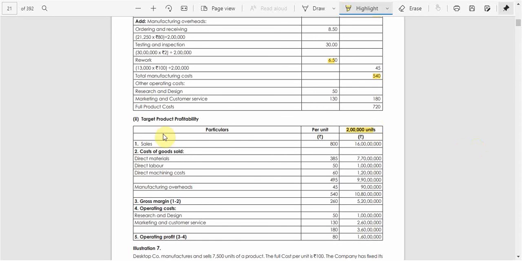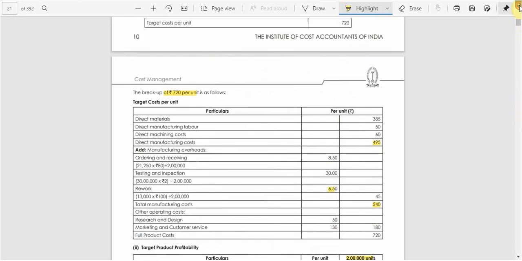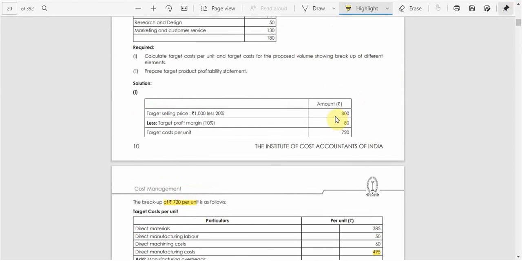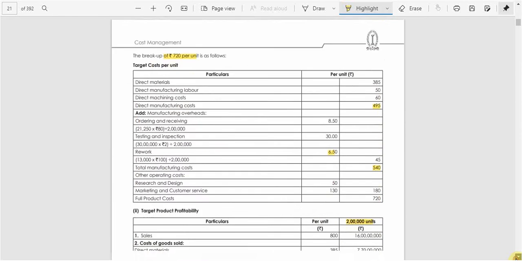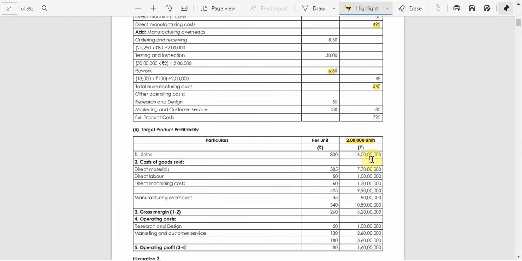First we go to the sales. The target selling price is 800, you know that, right? So 2 lakhs into 800 comes to 1600 lakhs, that is 16 crore.